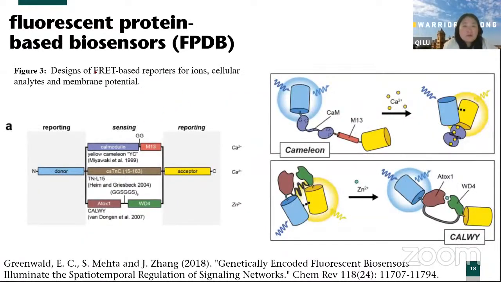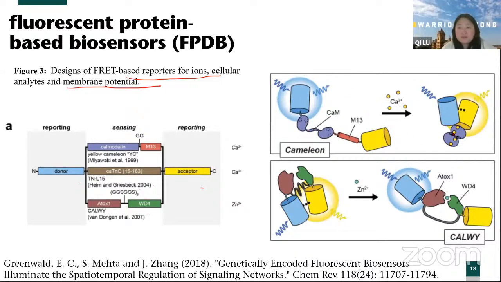And also the FRET-based reporter for ions and membrane potential. And this is being reported in this literature. And generally it is CFP and YFP. Without the signal, it is released, and the signal will be blue light.